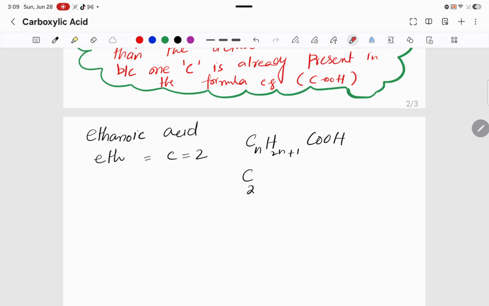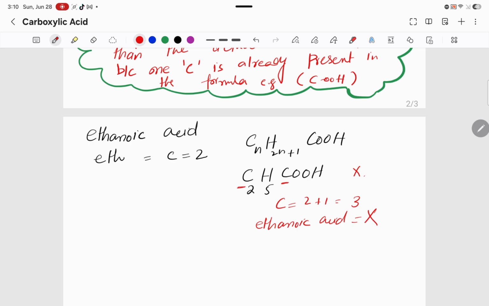So the carbon number should be 2. So if I put 2 over here, it would be 2 2s are 4 and 1 plus 1, 5, COOH. Now count how many carbon atoms are there in total. There are total 2 and 1, 3 carbon atoms. So it wouldn't be ethanoic acid.